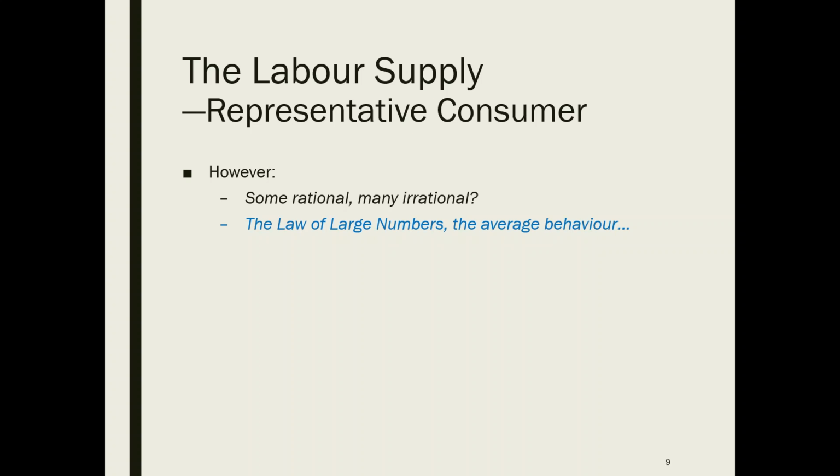So according to the law of large numbers, the average behavior must converge to rationality. Another criticism is that the representative consumer assumes away the difference between the poor and the rich, so it cannot discuss inequality issues. The new classical modelers find a way to deal with this by introducing heterogeneous agent models.